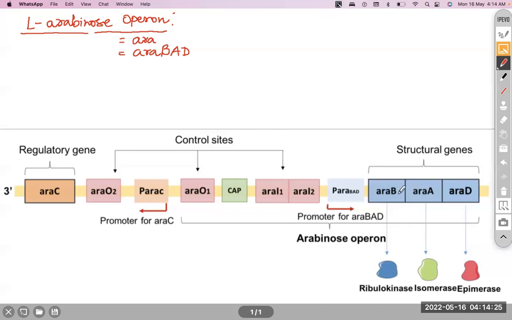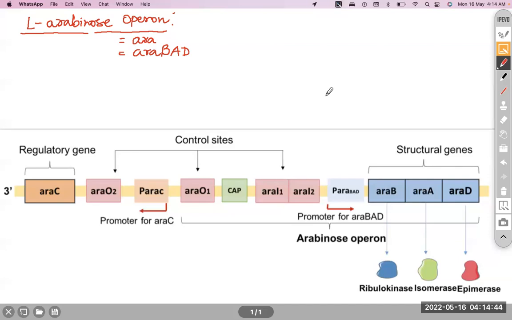As a result of the expression of these gene products, ribulokinase, isomerase, epimerase, conversion of L-arabinose to an intermediate of the pentose phosphate pathway is generated.